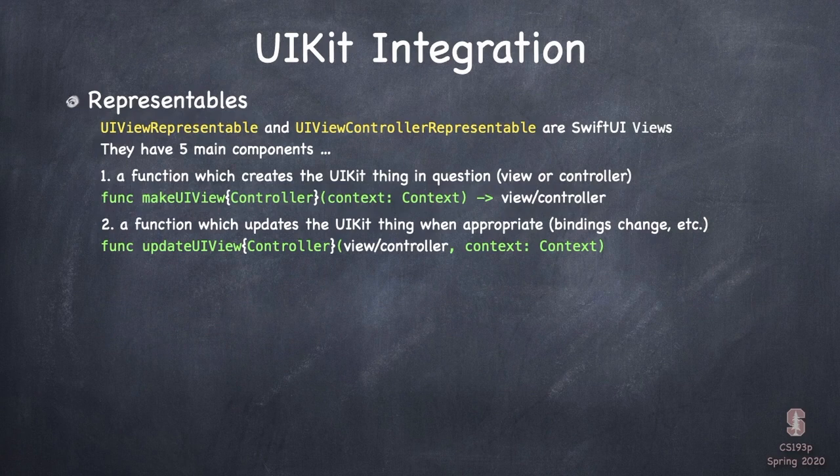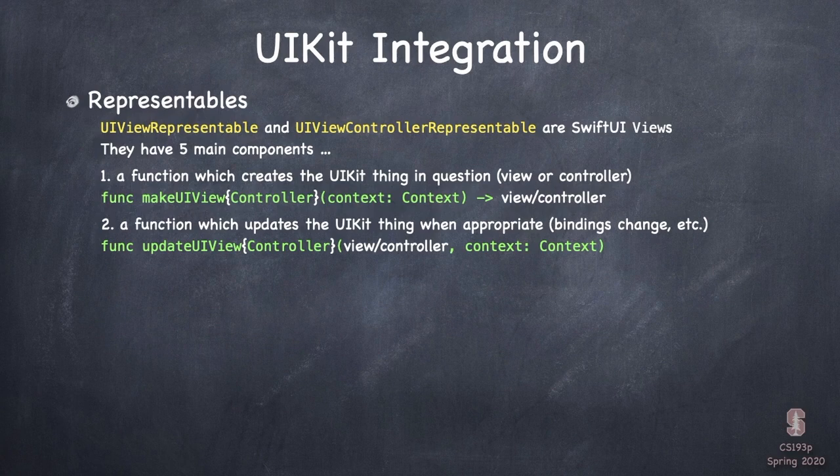We are redrawing our views, updating them all the time in SwiftUI. This doesn't really exist in UIKit. So in your representable, you have to implement a function called updateUIView or updateUIViewController, and it will pass the view controller that you created with makeUIView back to you, along again with this context, which I'll talk about in a second, and you now update that UIView.